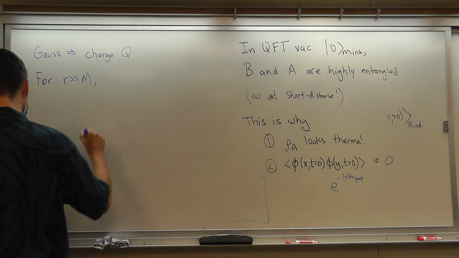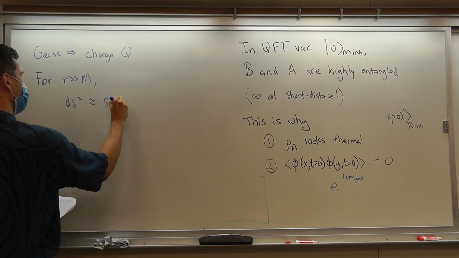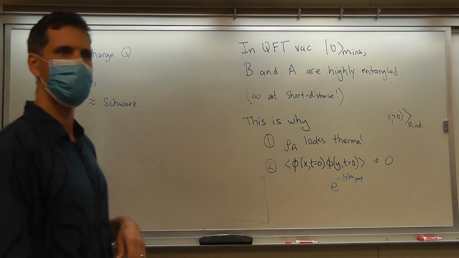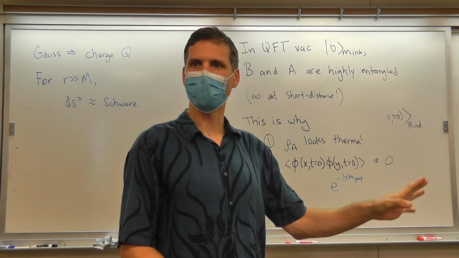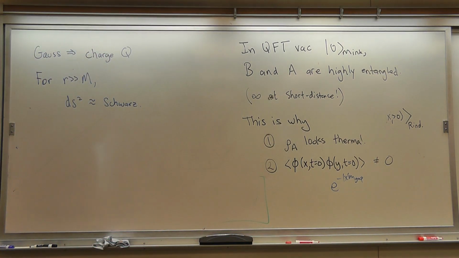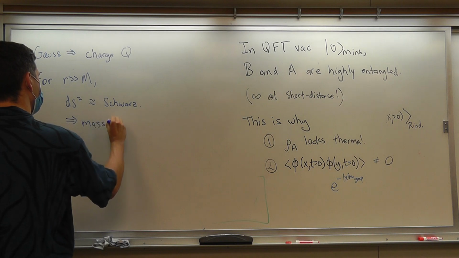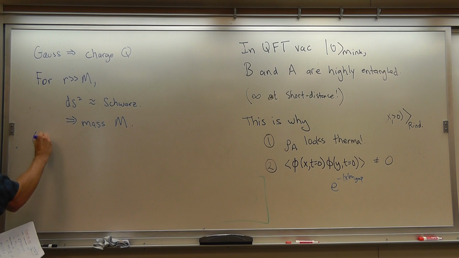So if we go to large distances, r much greater than m, then the metric is approximately the Schwarzschild metric. The extra non-Schwarzschild terms in the metric, the q terms, are subleading. Those don't enter into the asymptotic components of the metric. So the leading asymptotics of this metric are Schwarzschild, and therefore the metric has mass m. You could think of this as a gravitational Gauss law.